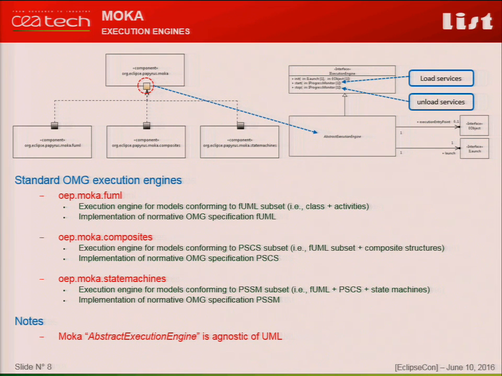So Moka is not completely bound to UML. And basically, what the basic implementation does is that for the abstract execution engine, we load all registered services that will be used to debug and to animate the model along the simulation.